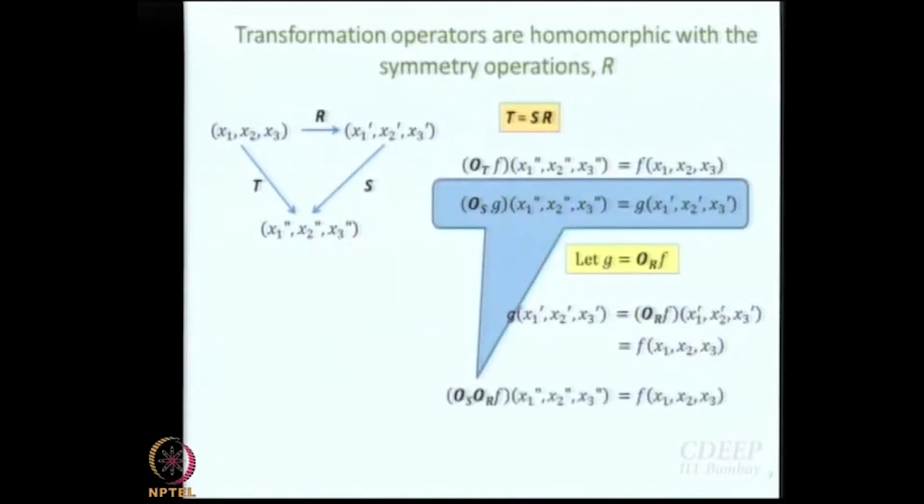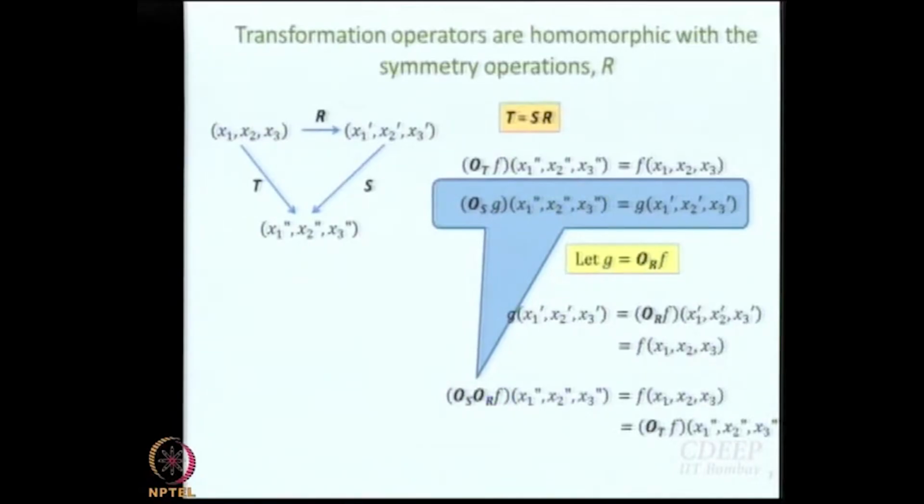So then what is OSG in x1 double dash, x2 double dash, x3 double dash? First of all, instead of G I can write ORF, right, and on the right hand side I get F in x1, x2, x3, which is equal to OTF in the double dashed coordinates.